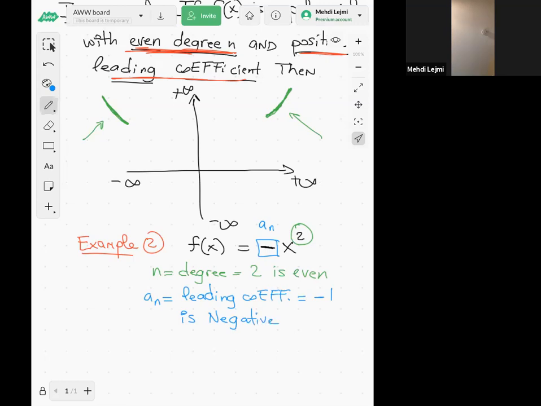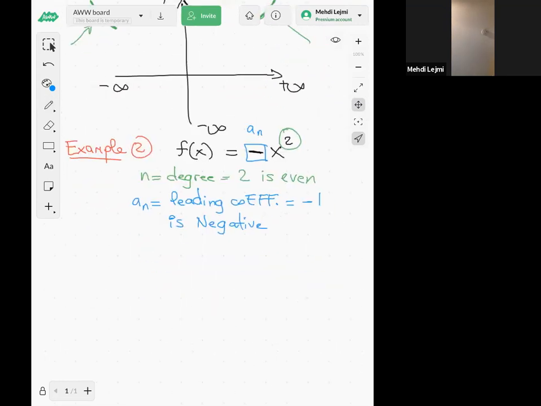So if you graph negative x squared, remember the coefficient of x squared is negative 1, it's negative. So we're going to have a parabola which opens downward.